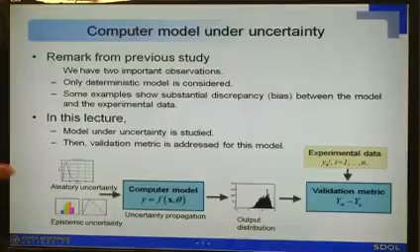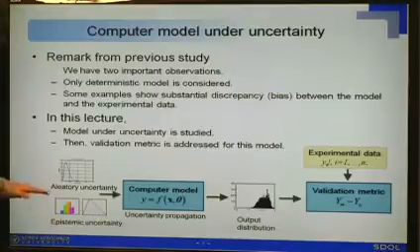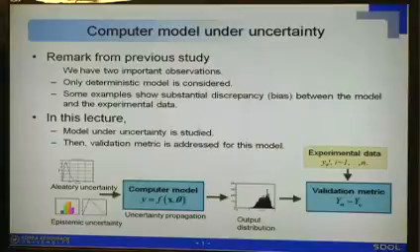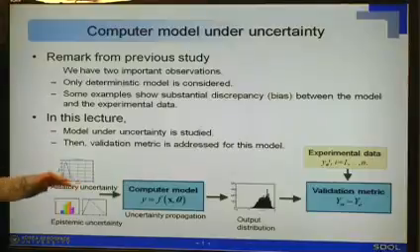I think I told you already there are two types of uncertainty. One is the aleatory, also known as the inherent uncertainty, physical uncertainty, irreducible uncertainty. We cannot reduce the uncertainty in this case.